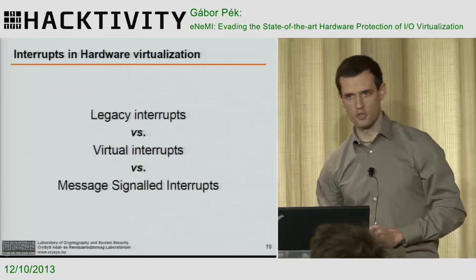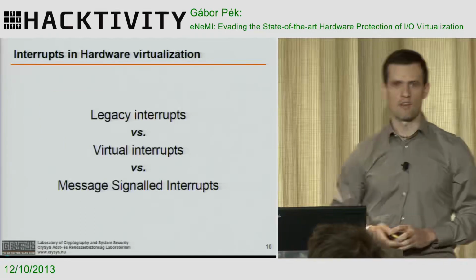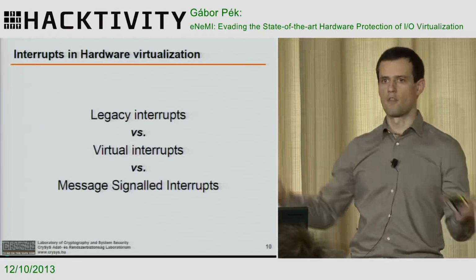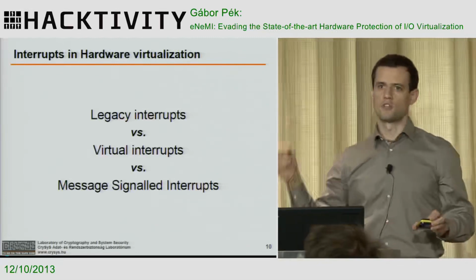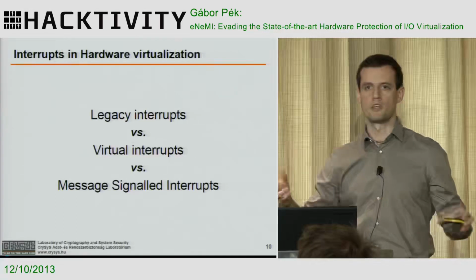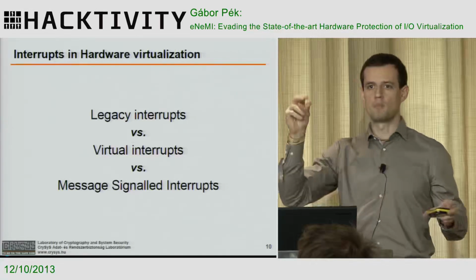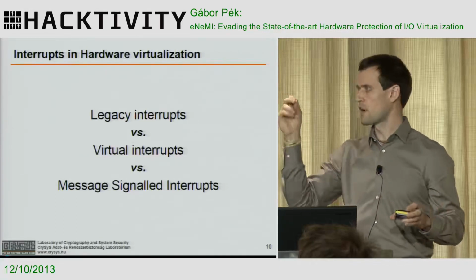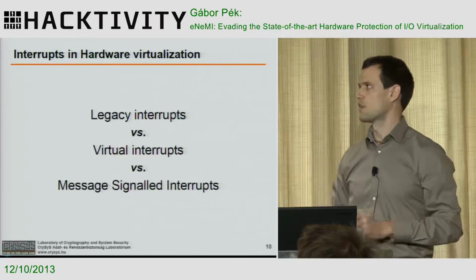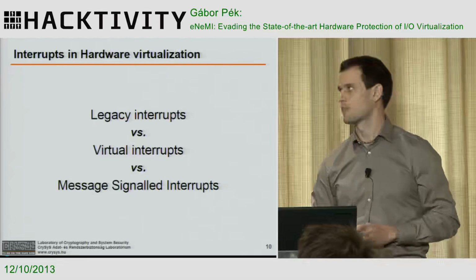Interrupts in hardware virtualization. First of all, we have to talk about legacy interrupts. These are the normal interrupts. They go to the CPU via dedicated wires, CPU pins, and basically you can interrupt the CPU by means of these signals, and external devices use this kind of interrupt generation mechanism.